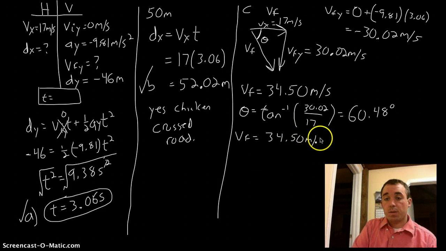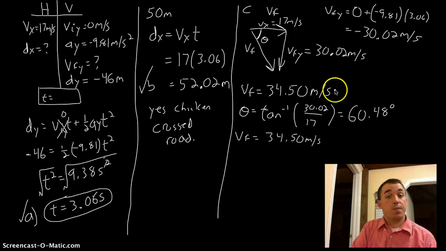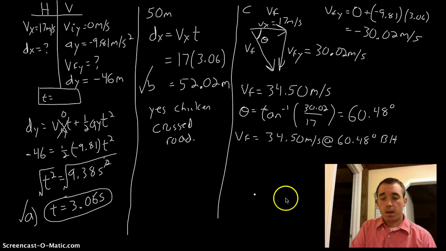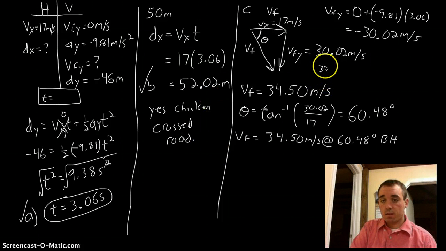So my final speed is 34.50 meters per second, but to make it a velocity, I have to add the direction of 60.48 degrees, good old BH, below the horizontal. I'll write it up here just in case the video is blocking it.